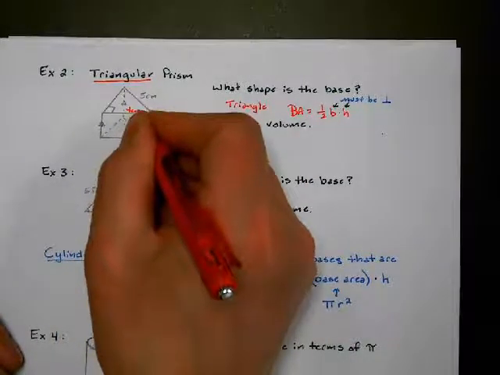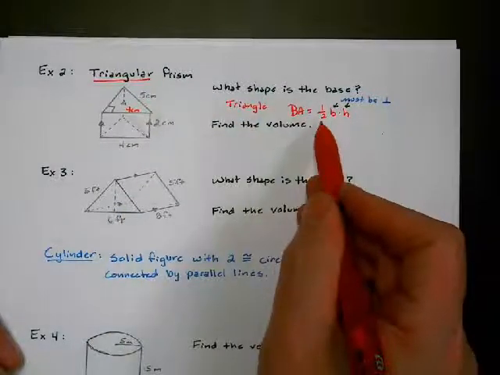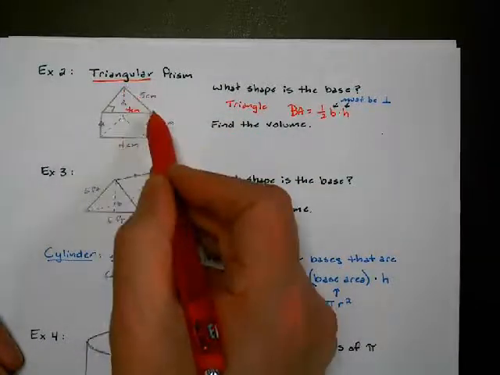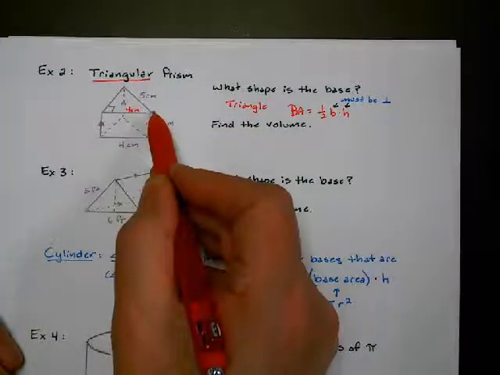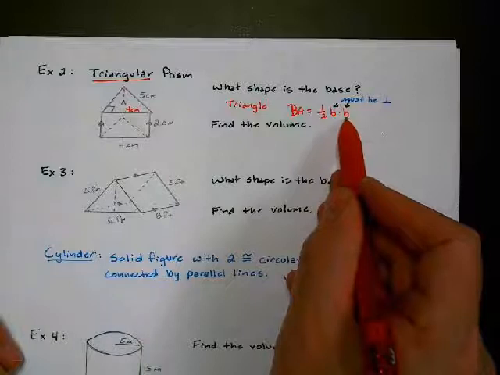Can I just multiply 4 and 5 and take half of that for the area? No, because this side 4 and this side 5 are not perpendicular to each other. You can only find the area of a triangle by using the base and the height where they are perpendicular. This is not where they're perpendicular.